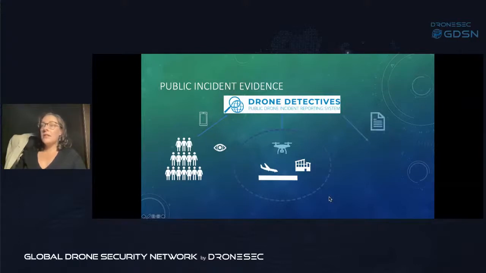Once the evidence is collected in the system by the report, it is consolidated into an evidence report. When you are a part of the DroneALERT system, in that circle, the authorities would have provided us with email addresses, for example, and the public can report in near real time, as fast as they can actually do the report and upload it.